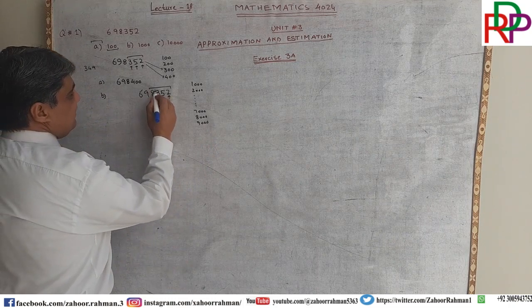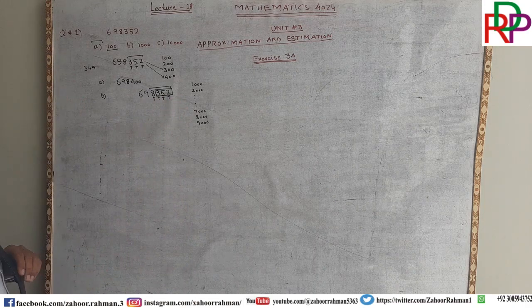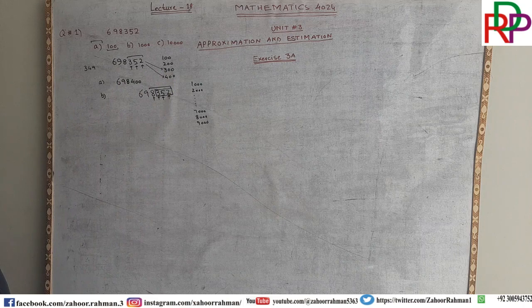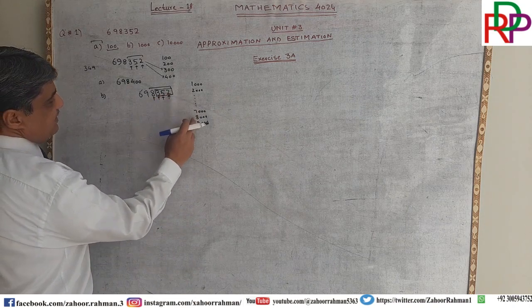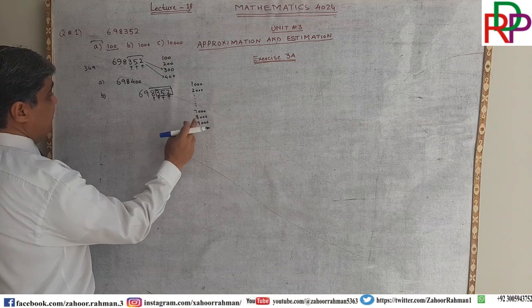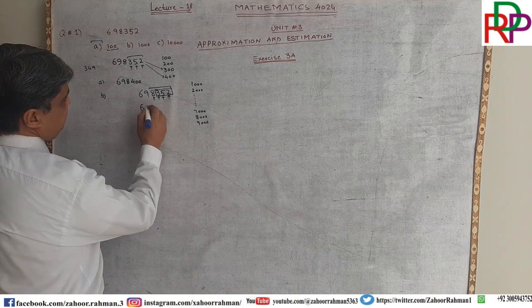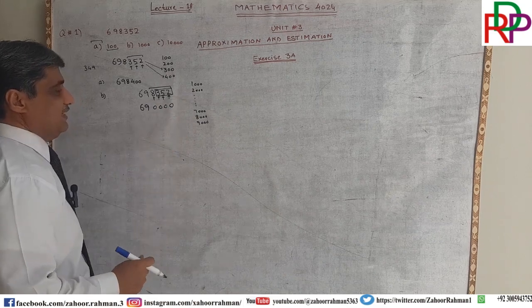Because this number 352 is not greater than 500, you will have to remove this 352, and instead of it you have to write, because 8352 is nearer to 8000, not 9000. So you have to write 698, and then 000.